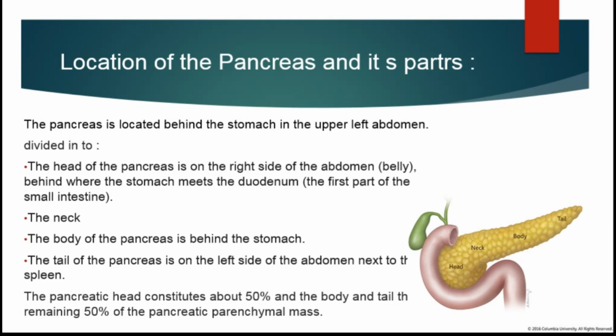This is the head, this is the neck, this is the body behind the stomach, and this is the tail near the spleen. 50% of the pancreas is composed of the head, and 50% is neck, body, and tail.